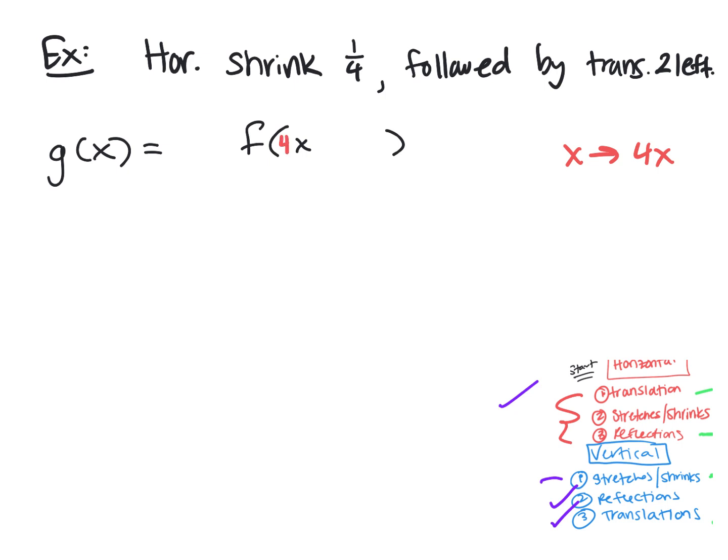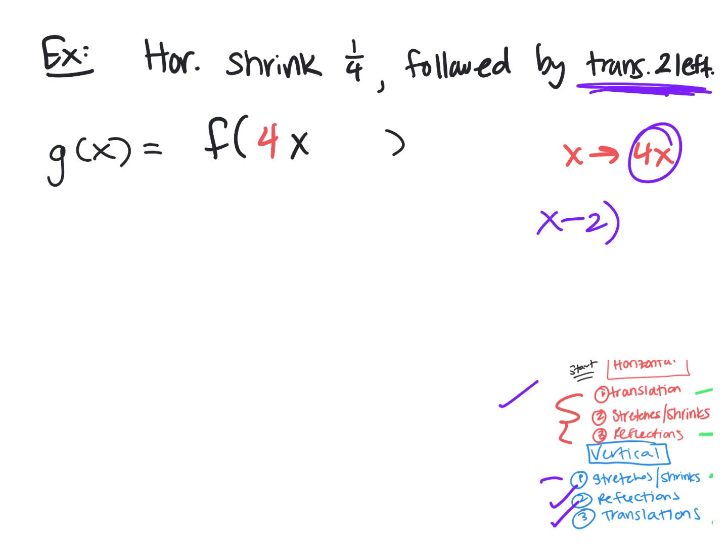Actually, I'm going to give myself a little bit more room here. After we shrink everything by a scale factor of 1/4, meaning we multiply everything by 4, after we do that, we are translating everything to the left 2, which means after x turns into 4x, then x is turning into x plus 2.